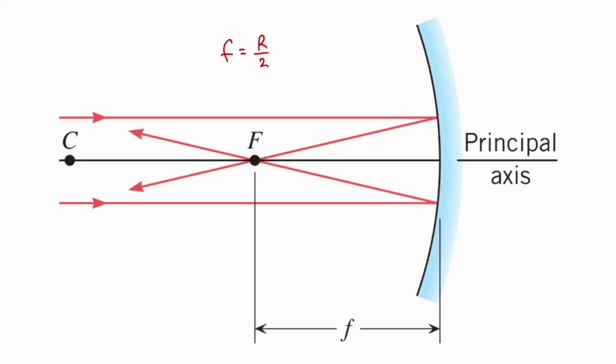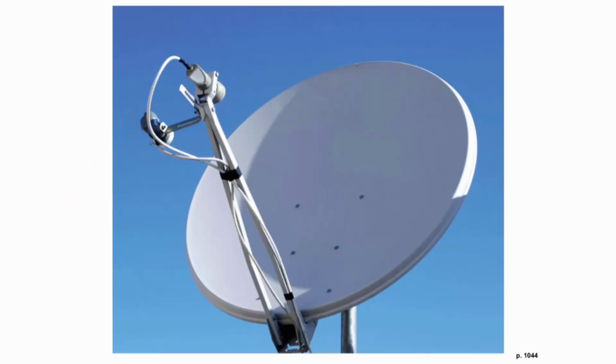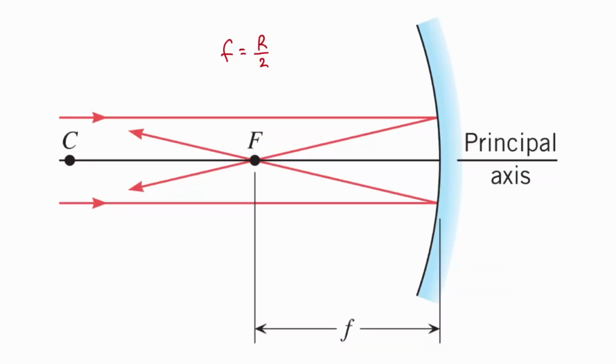For a spherical mirror, that's always what it is. Doesn't matter what? So the radius divided by 2. Yeah, it's the radius of curvature divided by 2. Always. Does the curvature matter? Well, yeah, because that determines the radius of curvature.